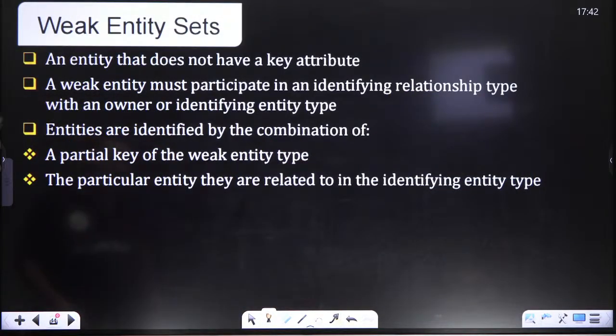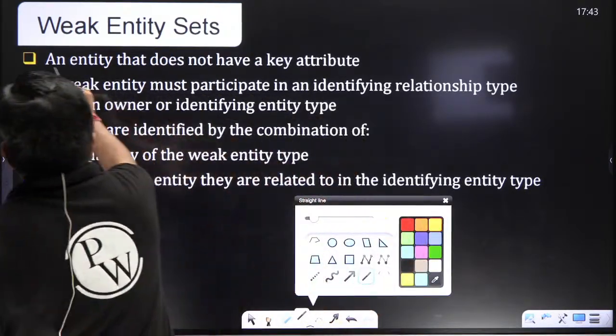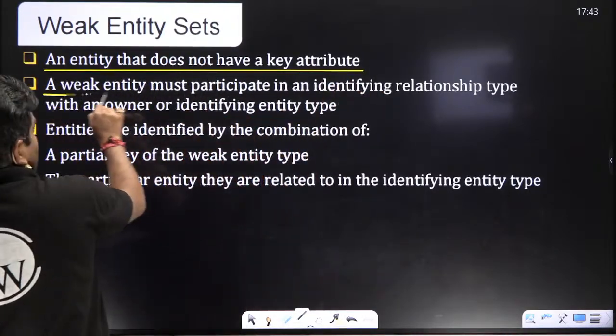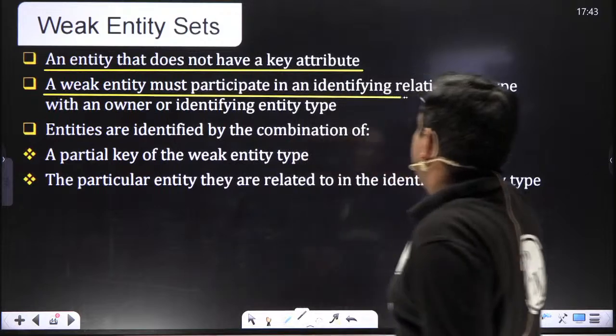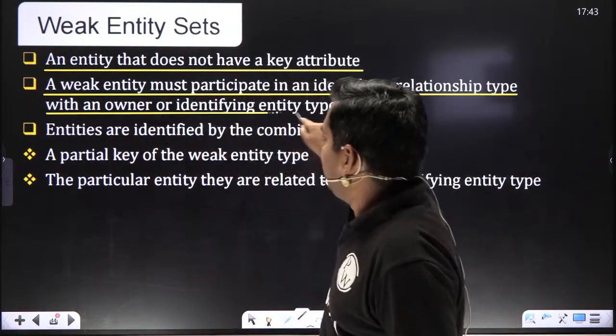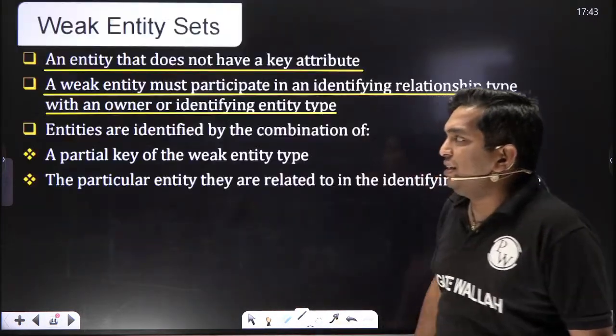Now listen carefully. What is the meaning of weak entity set? An entity set which doesn't have a key attribute. A weak entity set must participate in an identifying relationship type with an owner entity set. How do they participate? With the help of the owner entity set.